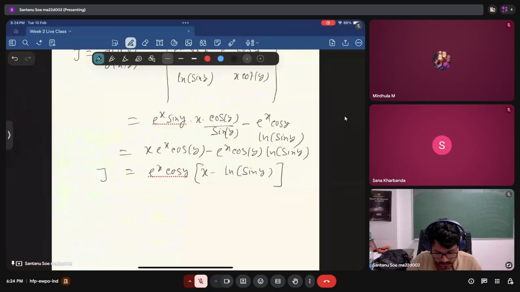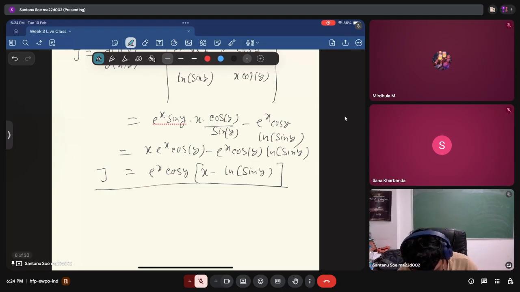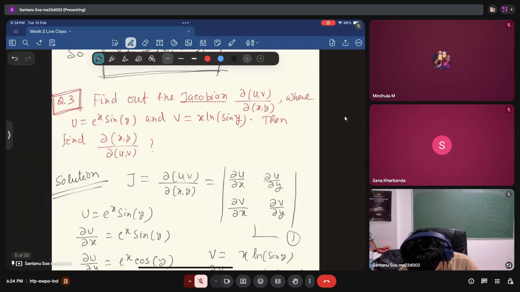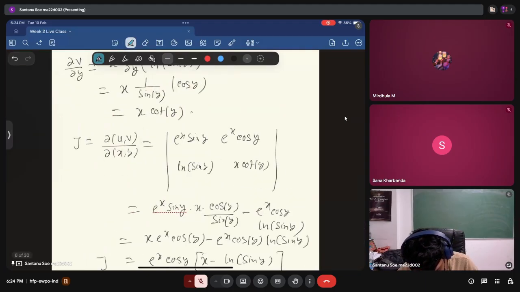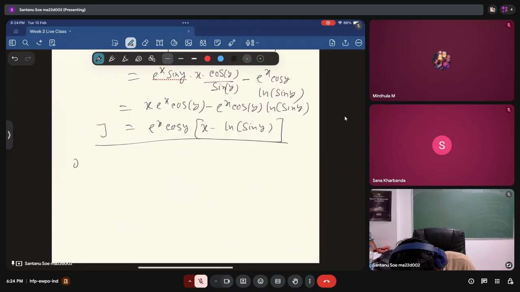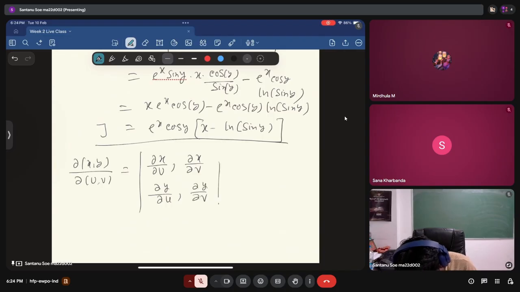Okay. So this is the answer of the first question. Now they have asked another question, that what is del(x,y) divided by del(u,v), correct? So del(x,y) divided by del(u,v) is nothing but del x del u, del x del v, and del y del u, del y del v, right?